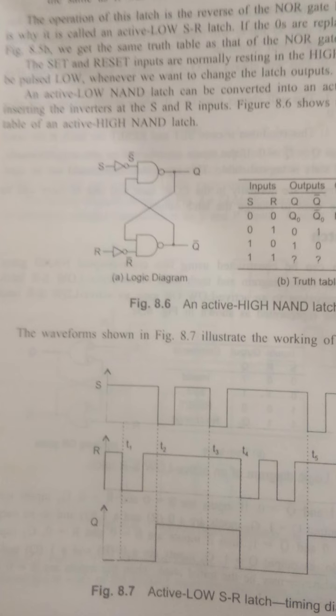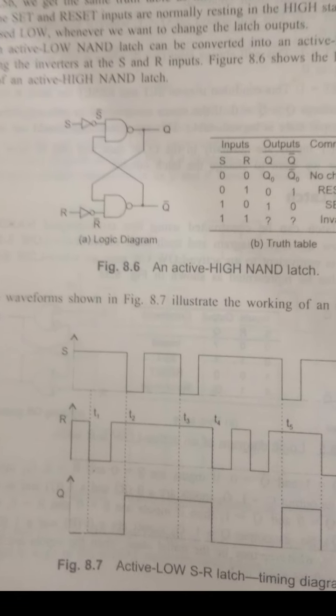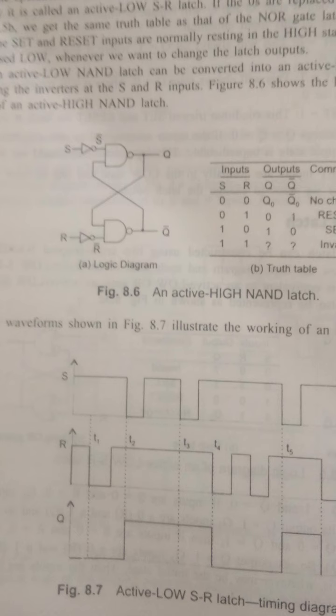Initially Q is 0 and S and R are in normal resting state, then S and R are 1. Then since Q is already in 0 state, a negative pulse applied at the R at time T1 cannot produce any effect and Q remains as 0.